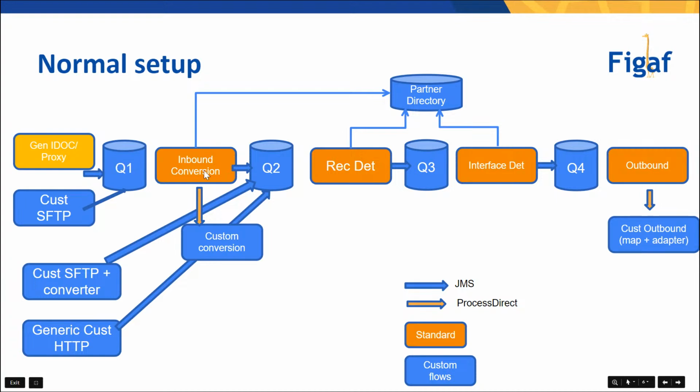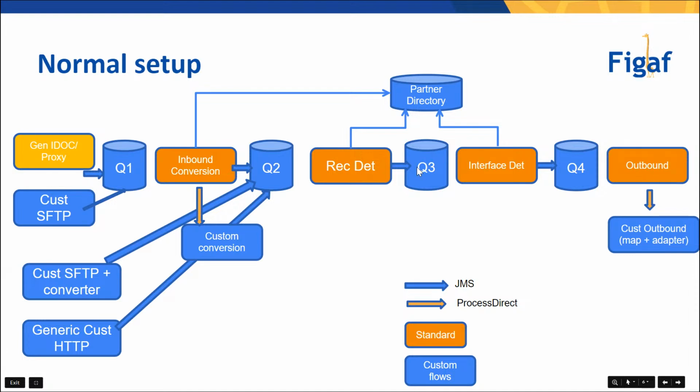Then you have a flow that takes this message for processing and puts it into a new queue, and here you can have a conversion going on. It goes into a lot of queues between these. You have a receiver determination where we say, based on this sender and receiver we are delivering, where should this be sent to?